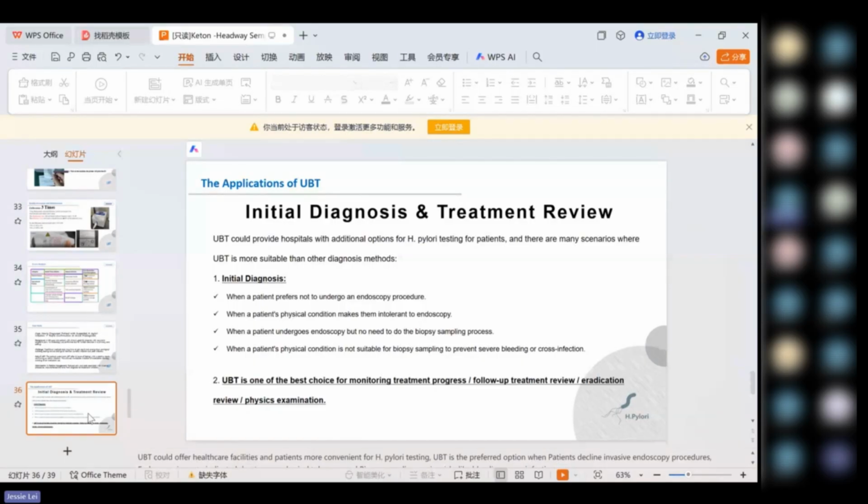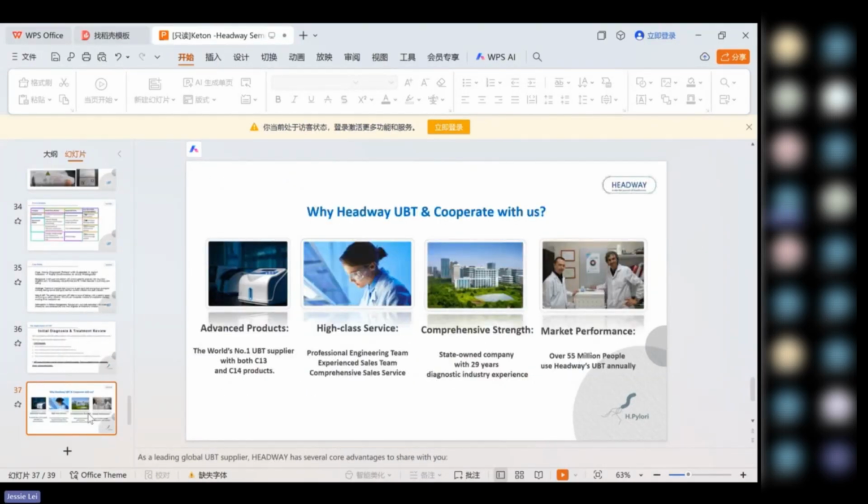So for initial diagnosis, the urea breath test is the preferred option. Also, for follow-up treatment review, the urea breath test is the best choice because the stool antigen test and blood test are not as accurate as UBT.